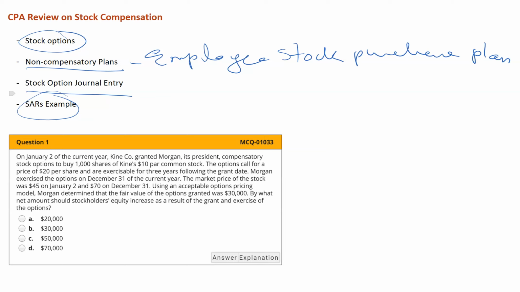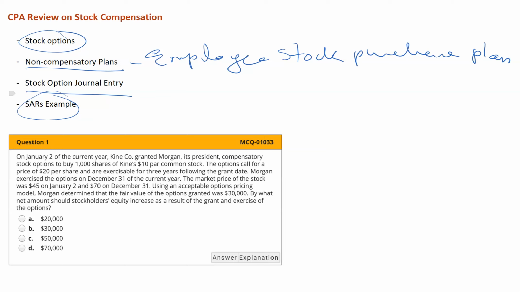Since we pay cash, we record a liability until the company pays it, and then they remove the liability. So we do not record any paid in capital. If you issue real stock, then you record paid in capital. But when you give the incremental amount in cash, you record a liability, and later when you pay it, you remove that liability.